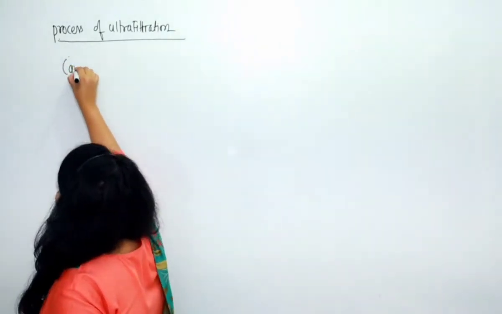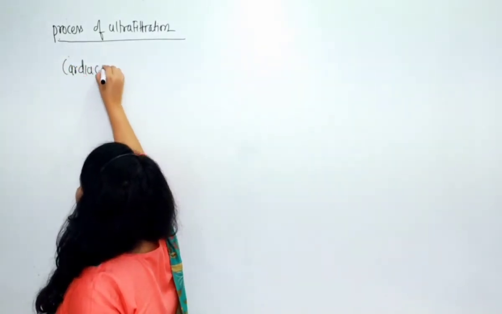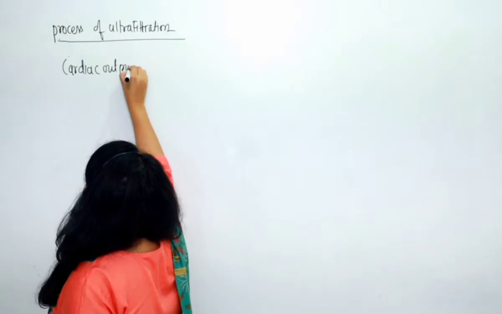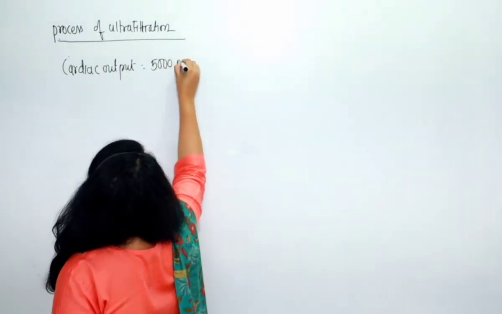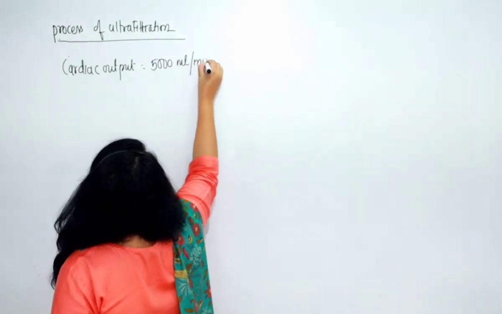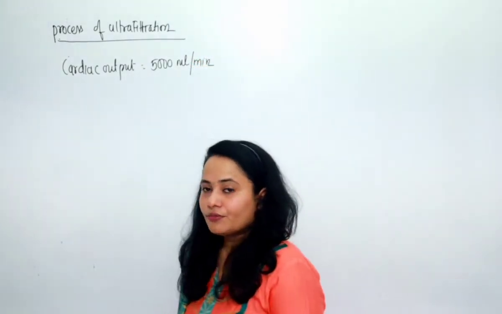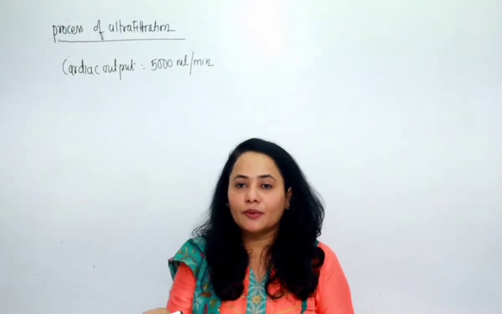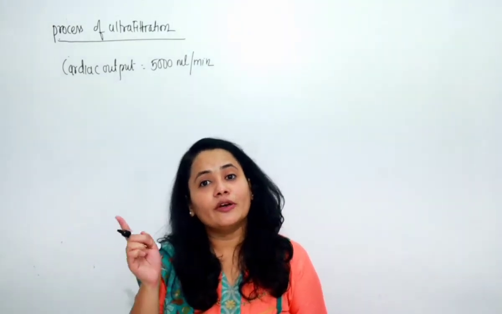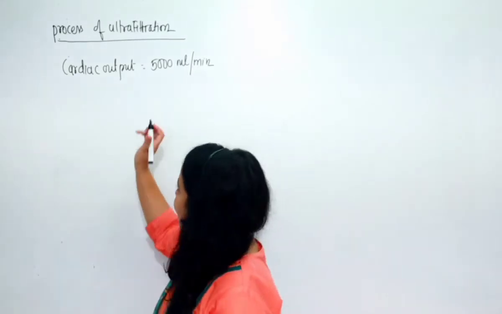So the cardiac output is 5,000 ml per minute, right? From this, almost 20 to 25% of blood is entering into our kidneys. So how much is that?